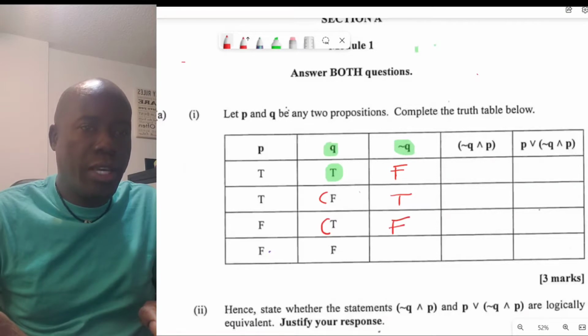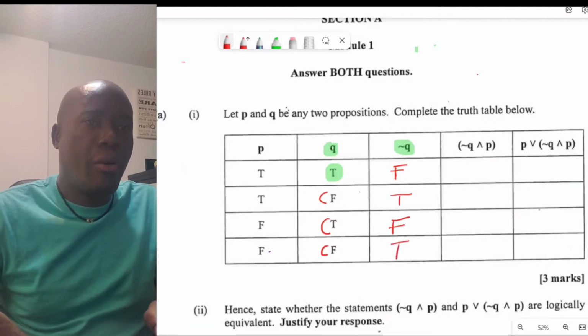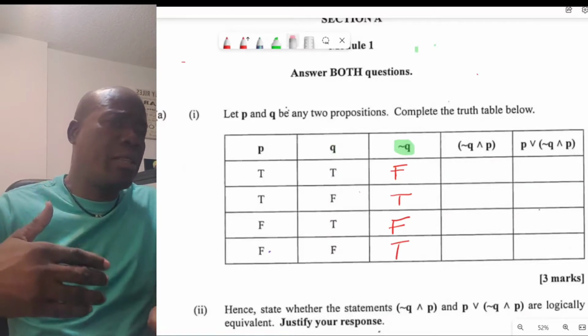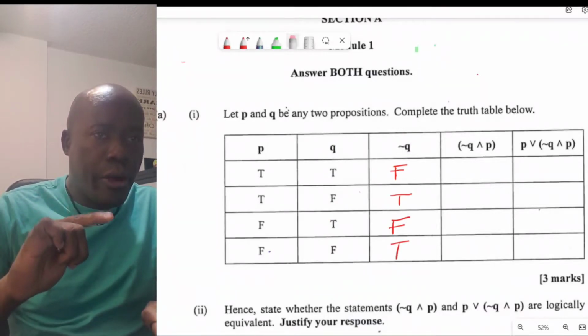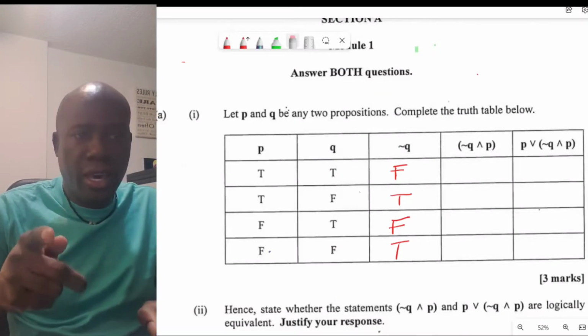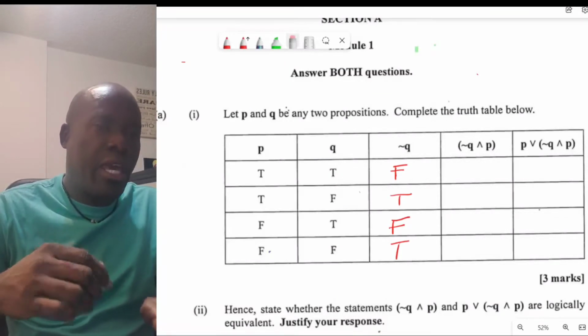And when Q is false, not Q is true. What we just came up with were the responses for not Q, the opposite of Q. You could double check: F, T, F, T.